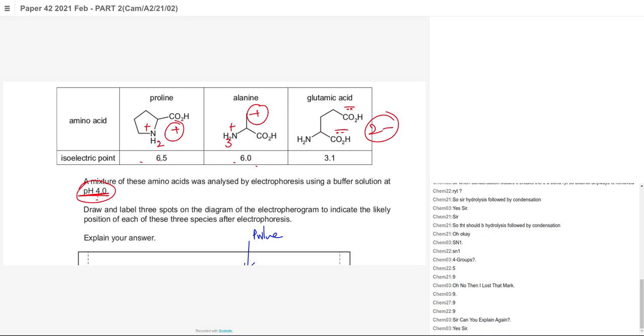As the buffer pH is greater than the isoelectric point, forming 2 minus. Hence, glutamic acid will travel towards the positive terminal.